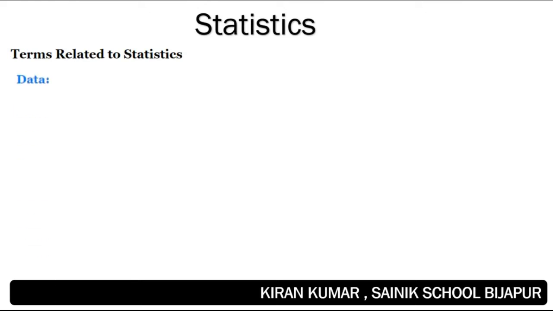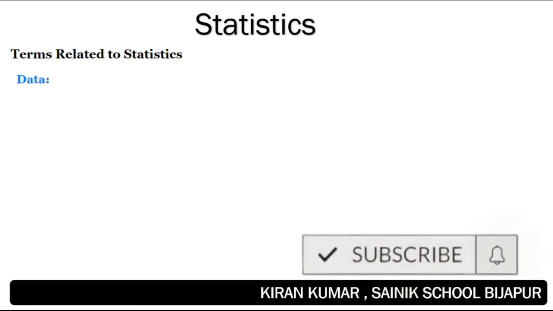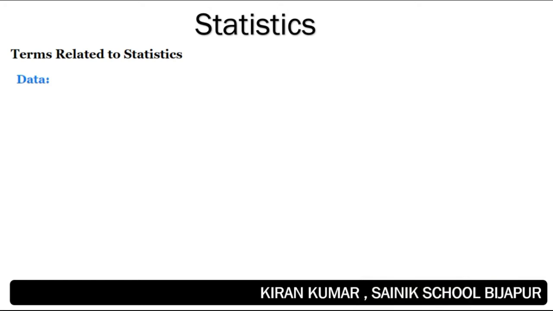The first one is data, the collection of information in the form of a numerical figure regarding different aspects of life is called data. The data can be about population, birth, death, temperature of different places, marks scored in a class, runs scored in different matches, etc.